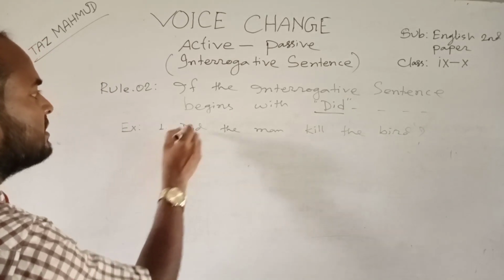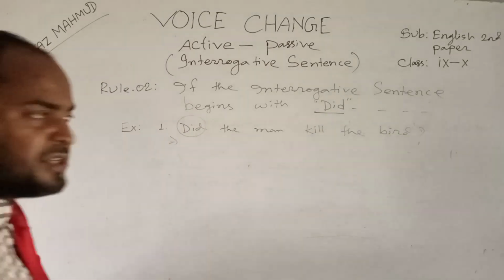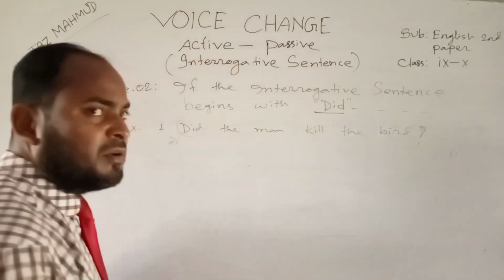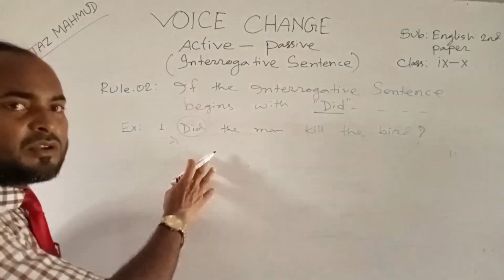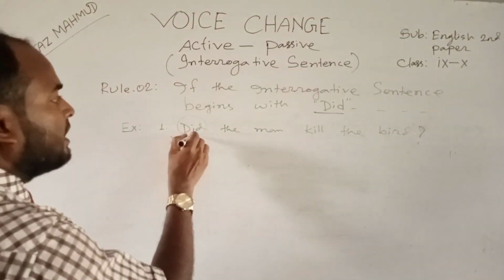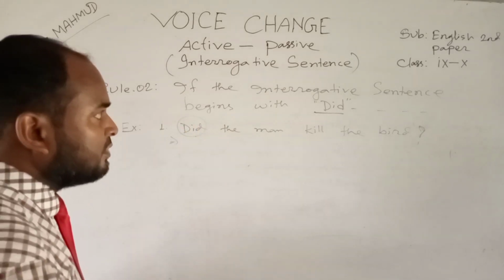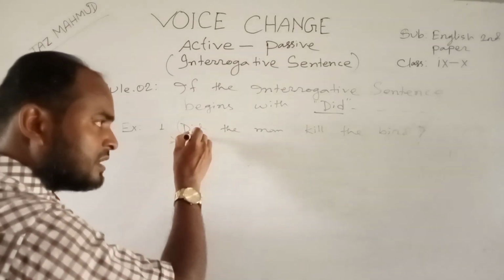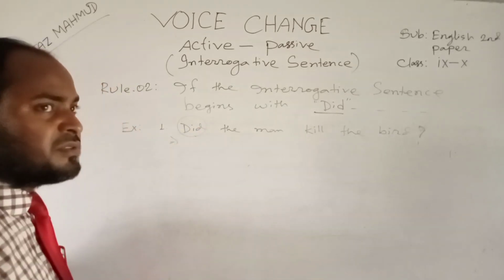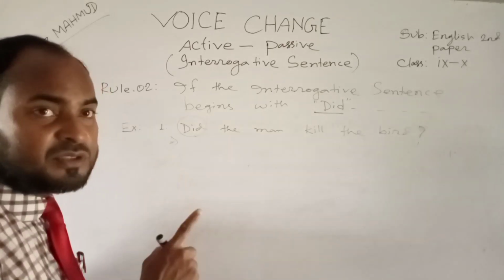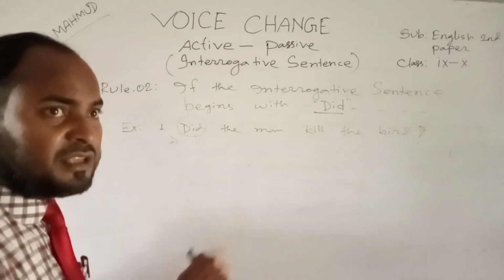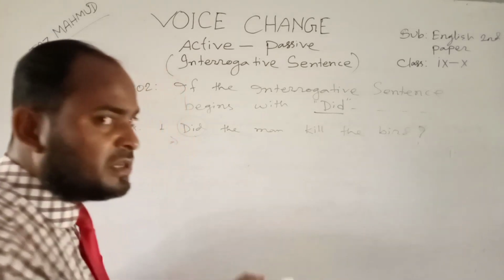The sentence begins with did, and at the end of the sentence, note of interrogation. So this is an interrogative sentence in past indefinite tense. Now for passive case, we have to use the auxiliary verb was or were. If the subject is third person singular, we shall use was, and only for plural case we shall use were.